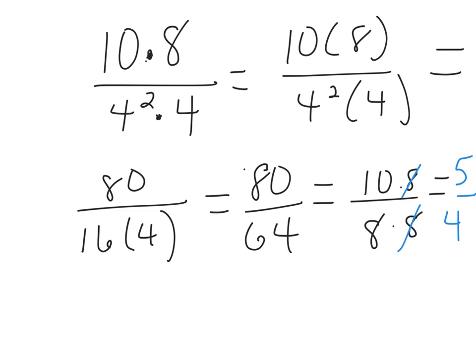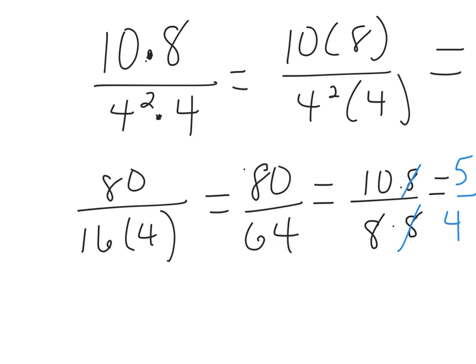Here's a problem that you missed. I want to go over it. I'll give you a different problem to redo, but it was 10 times 8 over 4 to the second power times 4. Rewriting it in parentheses, 10 times 8 over 4 squared times 4.